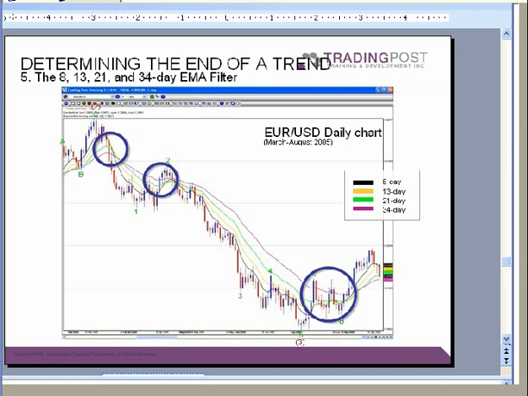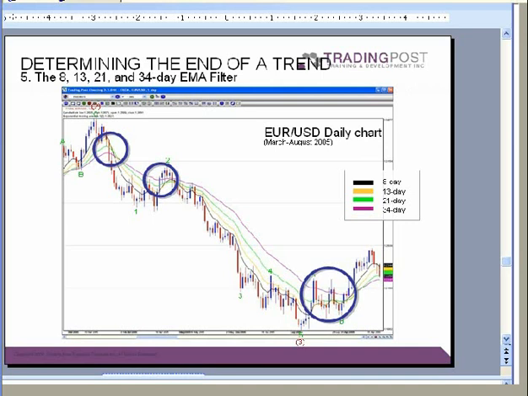So in this case, in wave 2, the 8 EMA crosses over the 13 and the 21, but does not cross the 34. So if you broke your position into thirds, you might take your profit on 2/3 of your position, and then look to get in again when the EMA crosses back down through the averages.